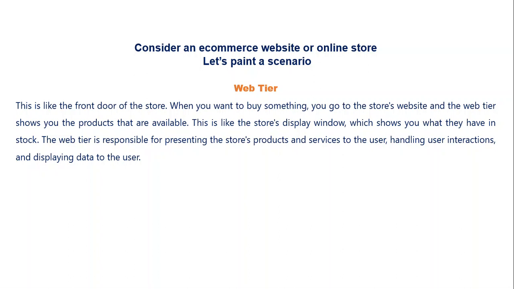All right, so this is where the store's display window shows you what is obtainable, what the store has, okay, depending on the request. So the web tier is responsible for presenting that store's products and services to you, handling the user's interactions and then displaying that data to you as the person that is requesting for that. Okay, so this is basically what happens at the web tier.